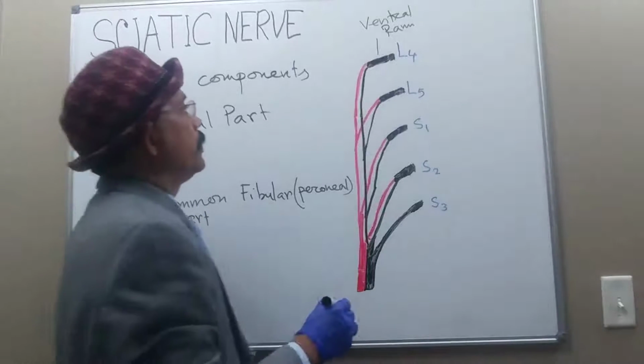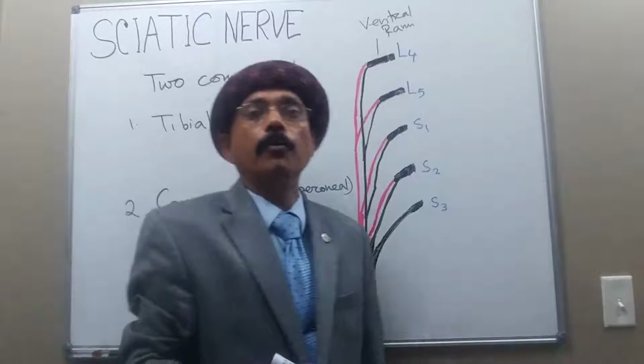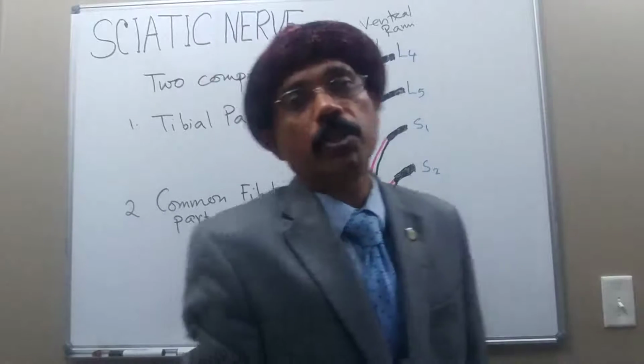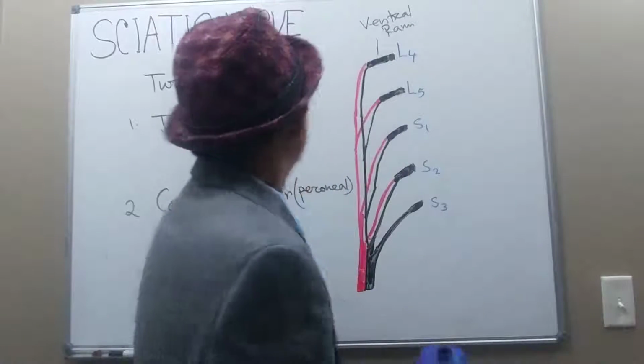Okay, so tibial part and common peroneal part of the sciatic nerve.